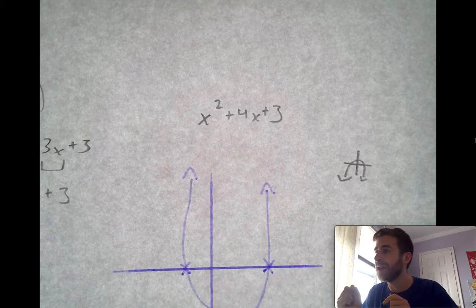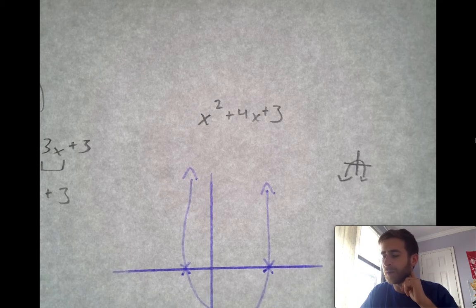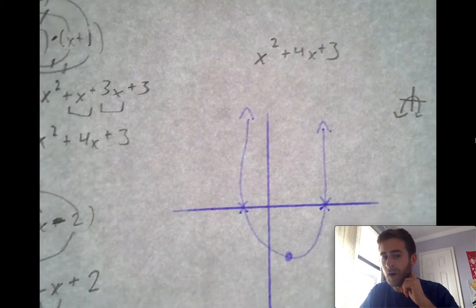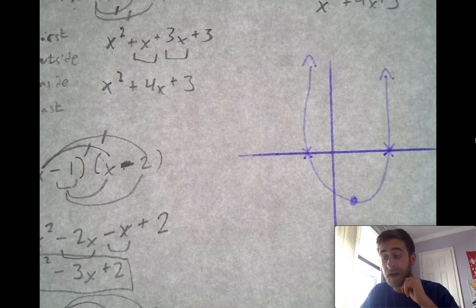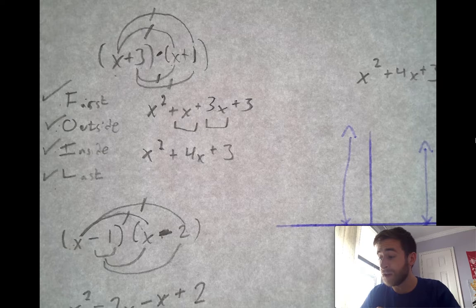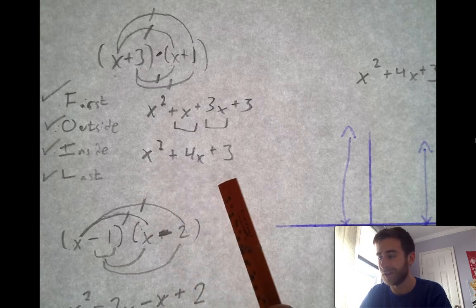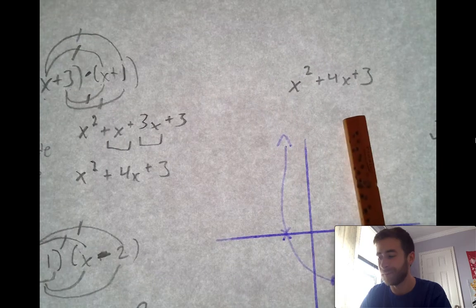And if you were paying attention to the previous video, you might realize that all of the answers that we found when we were multiplying our binomials, they always ended up with an x squared plus something x plus something. Oh, actually, look, I used the exact same example over there.